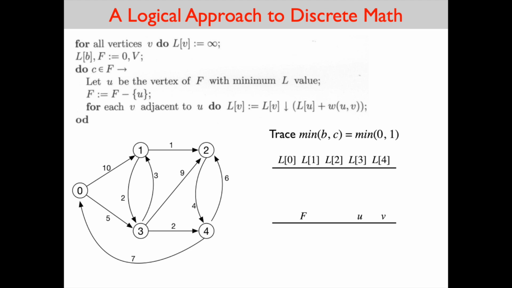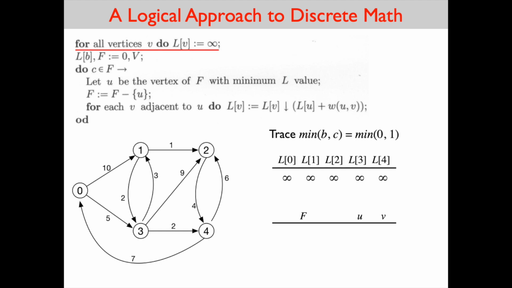We will do a trace of min 0, 1, so we're tracing min BC where the value of B is 0 and the value of C is 1. The values that we're going to trace are an array L, L sub 0, L sub 1, L sub 2, L sub 3, and L sub 4. And then F is a set. U and V are integers that represent vertices.